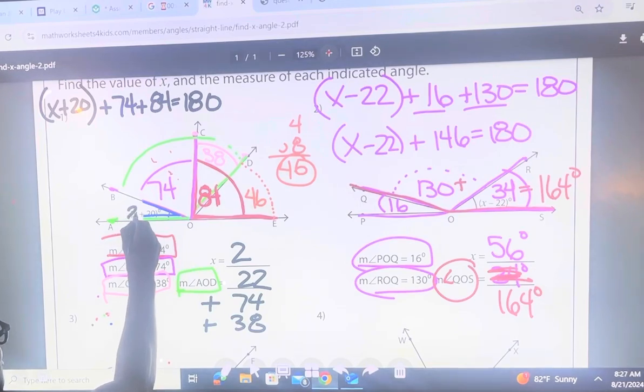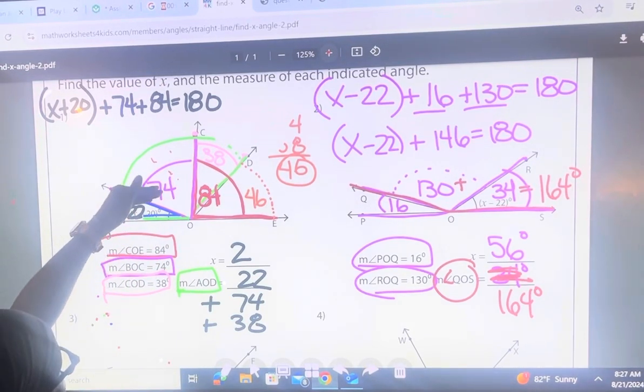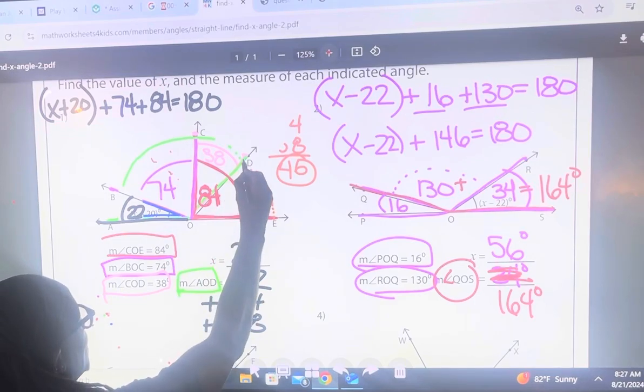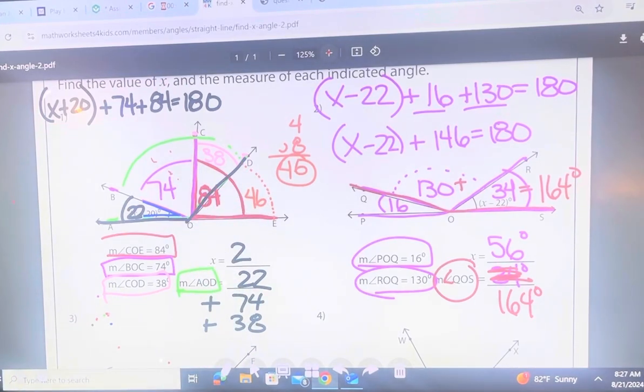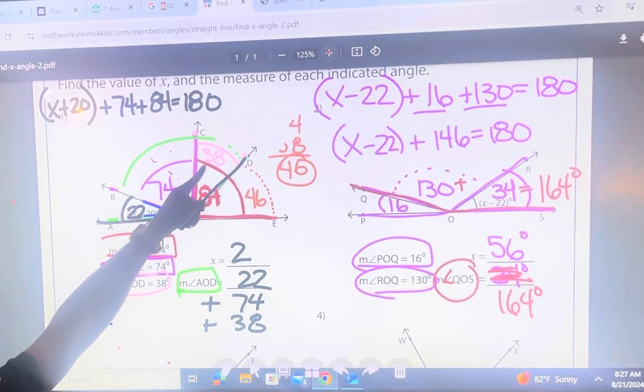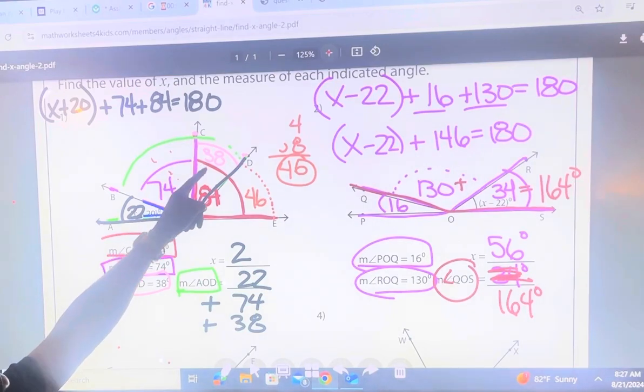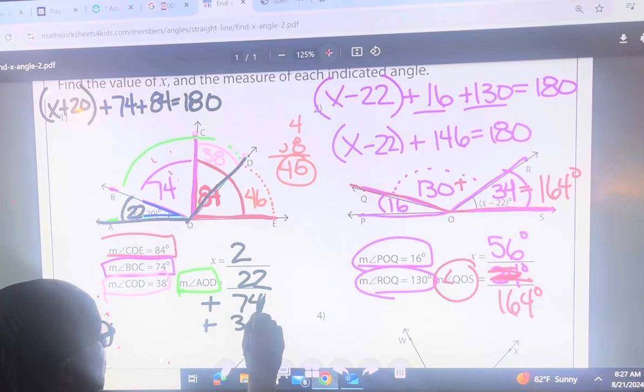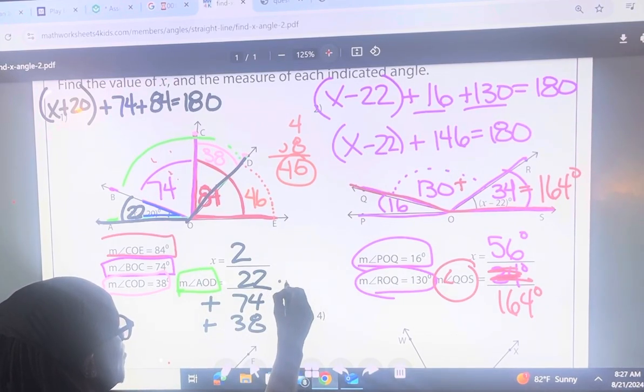Because this was 22, which is fine, plus the 74 plus the 38. That's going to give us this here. And you see that? All the numbers we have for this. 142. And there's your, well, not 142, but close.